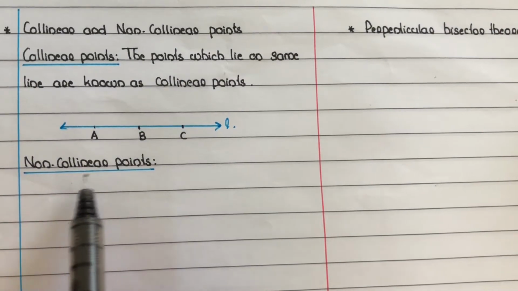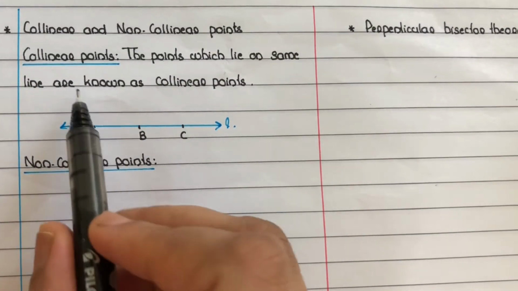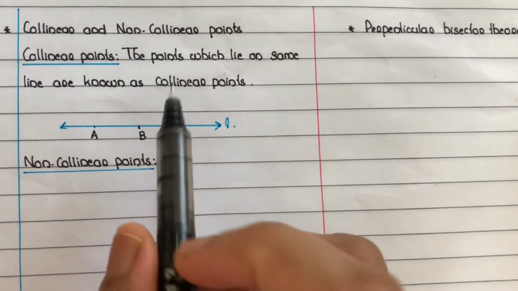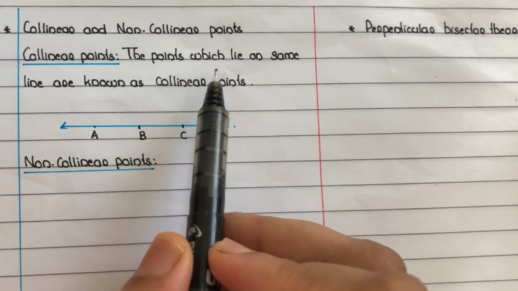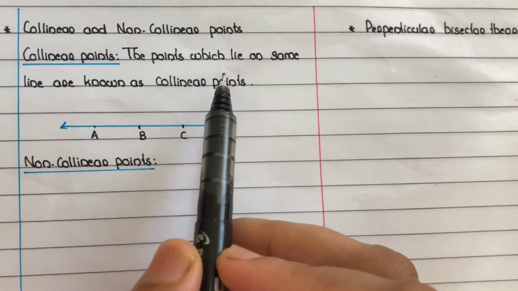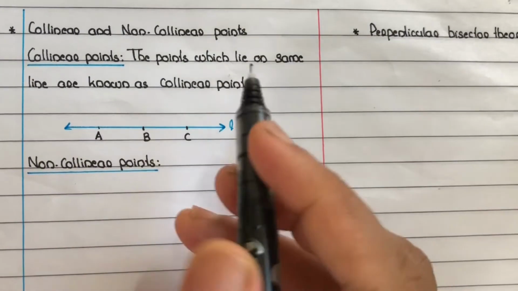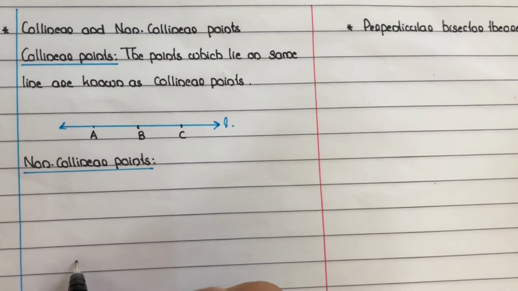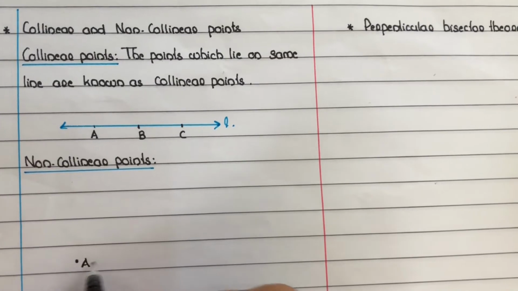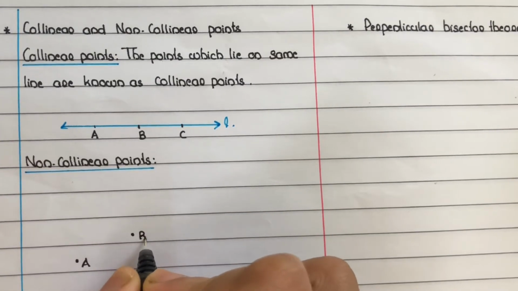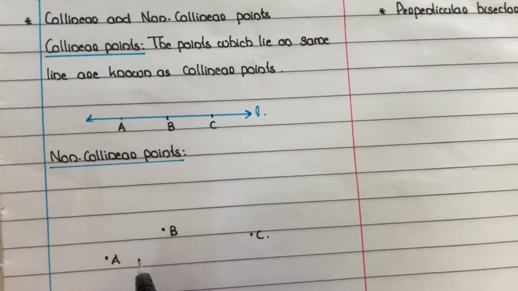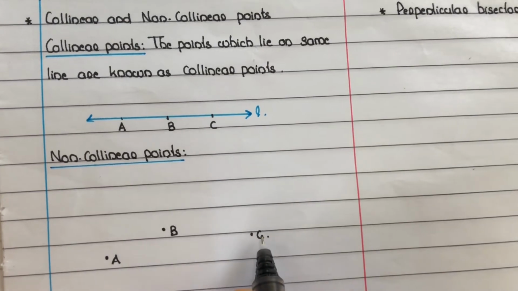Next, non-collinear points. Just opposite to collinear points are non-collinear points. So how can we define non-collinear points? The points which do not lie on the same line are known as non-collinear points. So if A, B and C are points that do not lie on the same line, right?